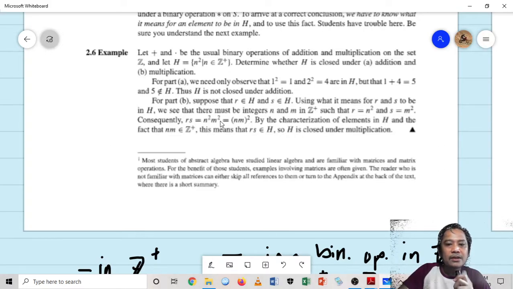But by the law of exponents, this can be written as the square of the product N times M, meaning R times S would be a perfect square because there is an integer N times M whose square is the product R times S, which means to say that R times S is still an element of H. That would mean that multiplication is an induced operation from Z to H because H is closed under multiplication. Okay?